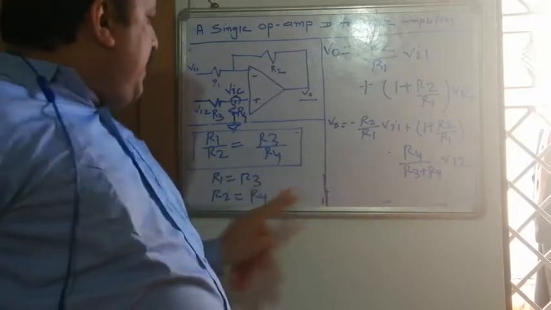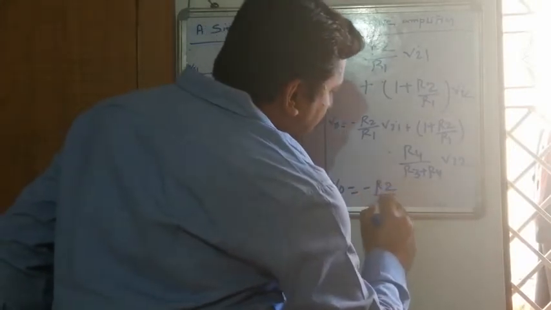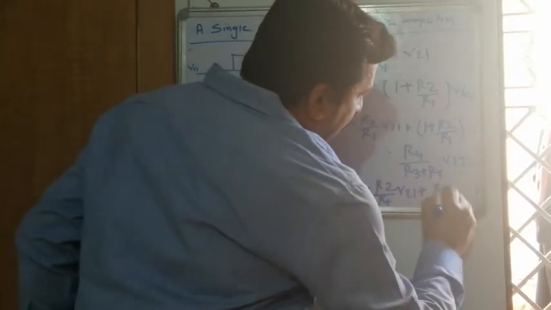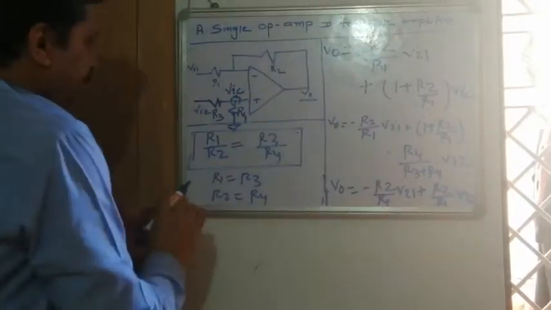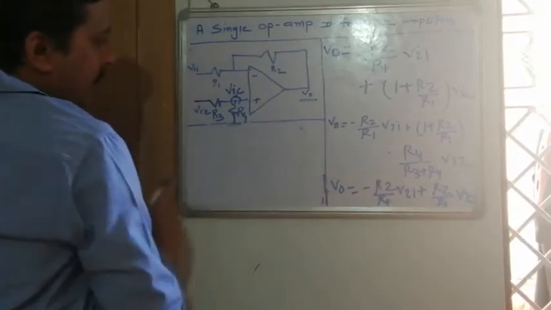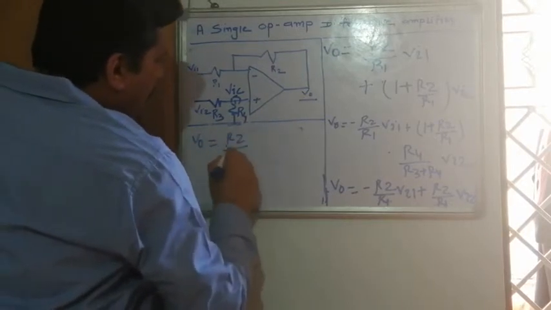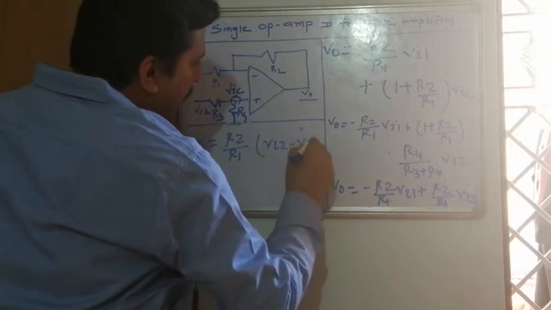If I apply these conditions, we will get V naught equal to minus R2 by R1 VI1 plus R2 by R1 VI2. So we can write here V naught equal to R2 by R1 times (VI2 minus VI1).